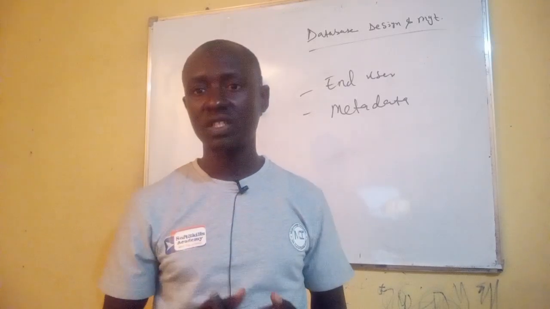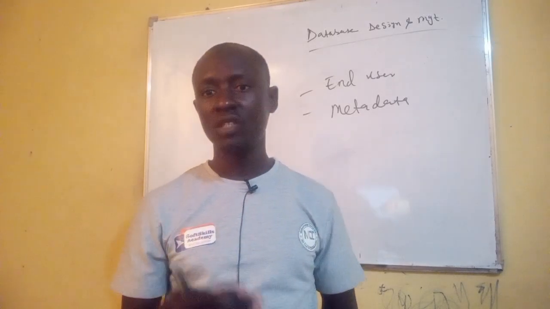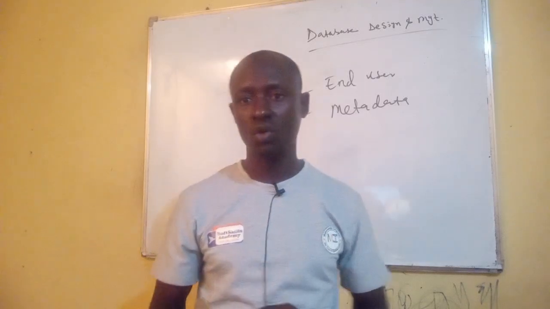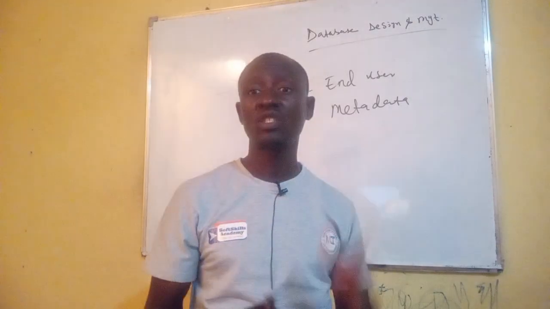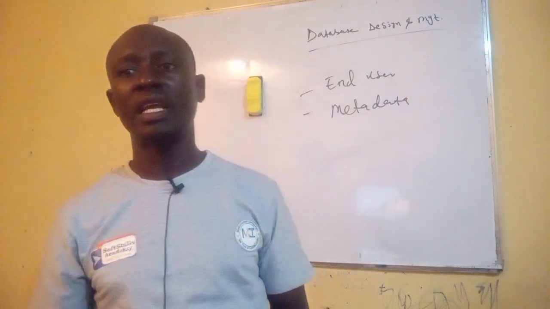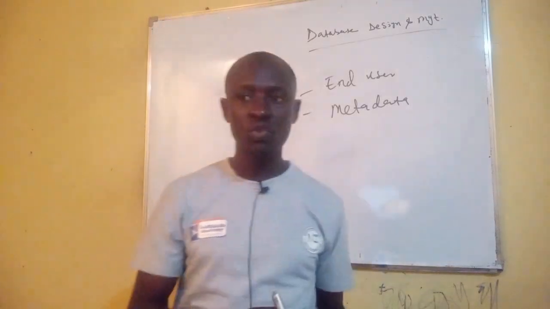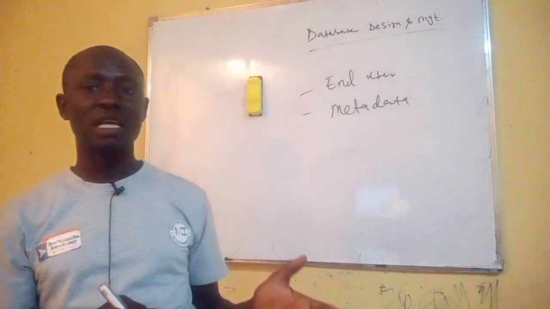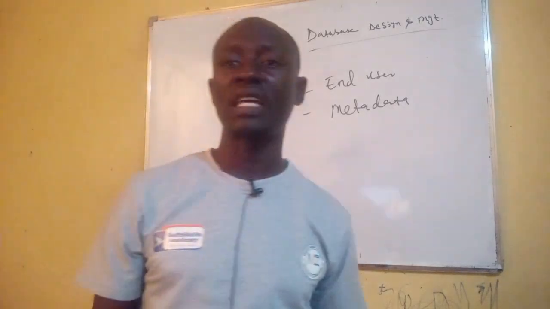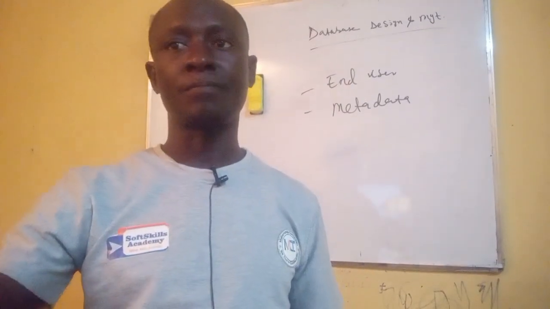When we talk about the first name, what type of data do you define for this first name and so on and so forth? So it's talking about the characteristics of the data being entered by the end user, so that it enables the database to manage and handle the end user data effectively.